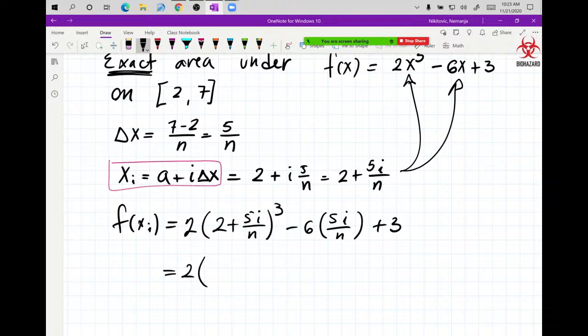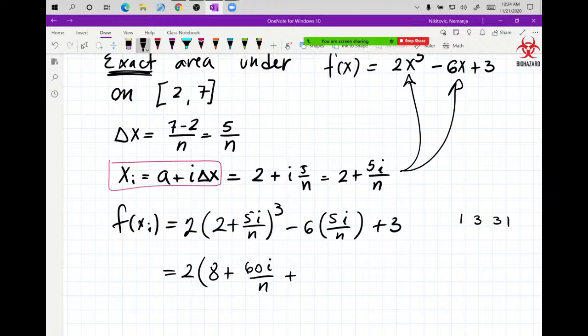2 cubed is 8. Plus, those of you who don't know, the coefficients are 1, 3, 3, 1. So it's 3 times 4 times 5. So 3 times 4 is 12. 12 times 5 is 60, i over n. Plus, now the coefficient is again 3. So 3 times 2 is 6 times 5 is, oh, but 5 is squared.